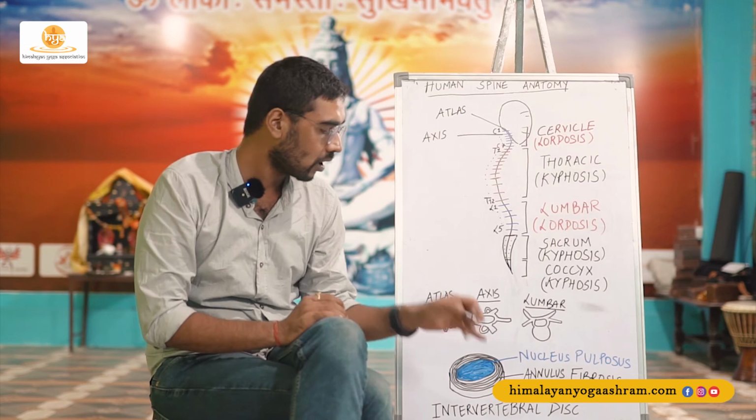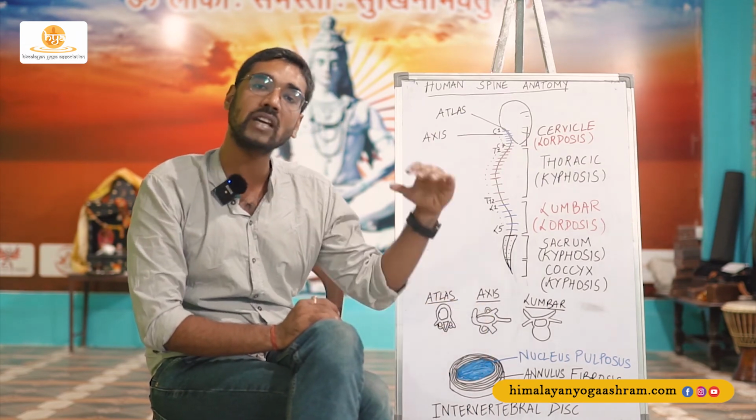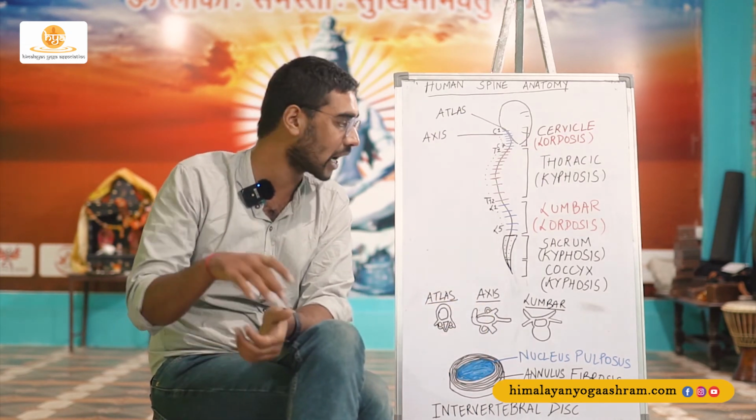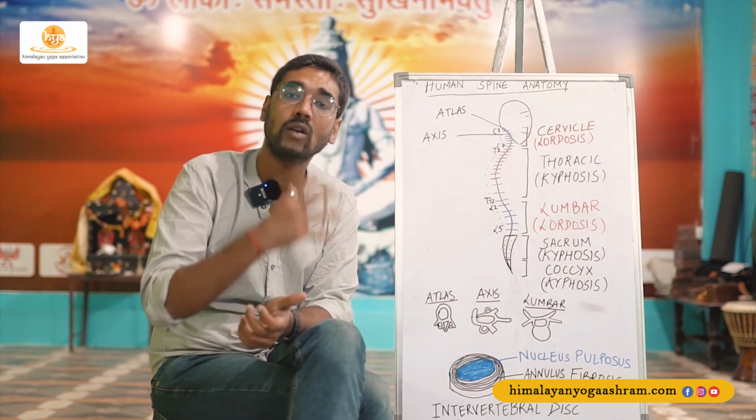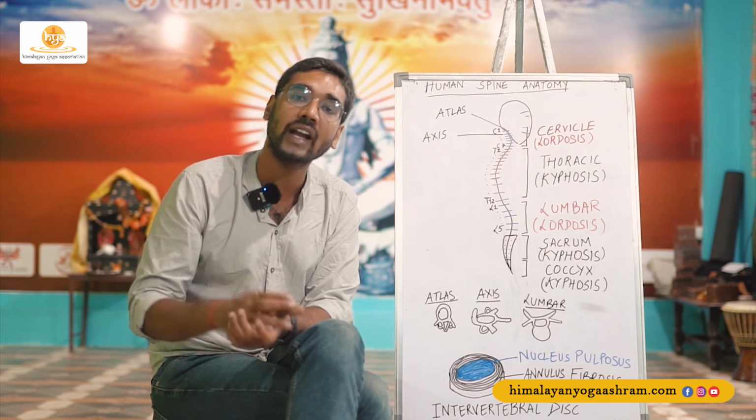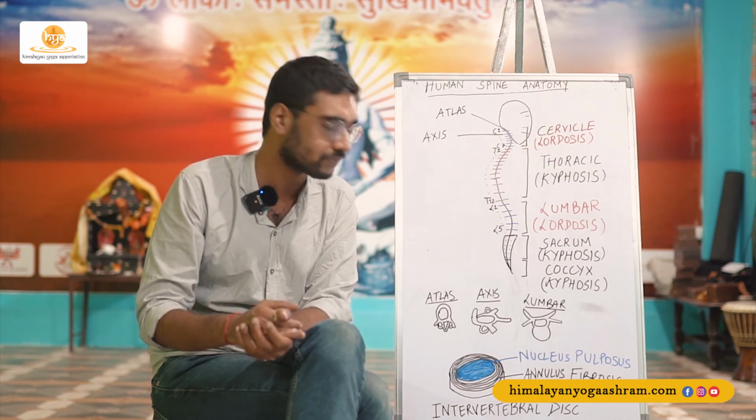And as a coordination of the intervertebral discs, one above the other, nicely placed between each and every one of these stacked vertebrae, they are able to provide us with lifelong stability, balance and function of the spine.